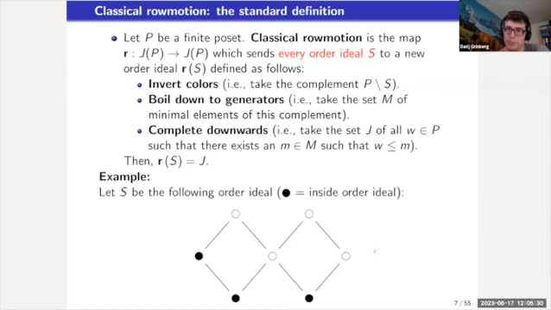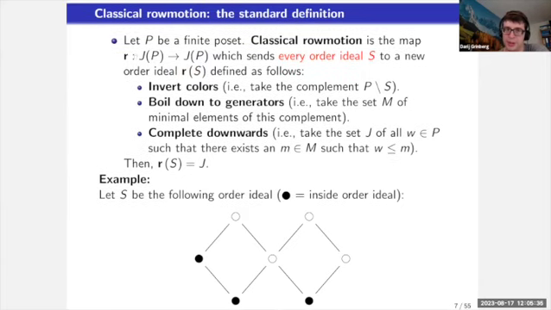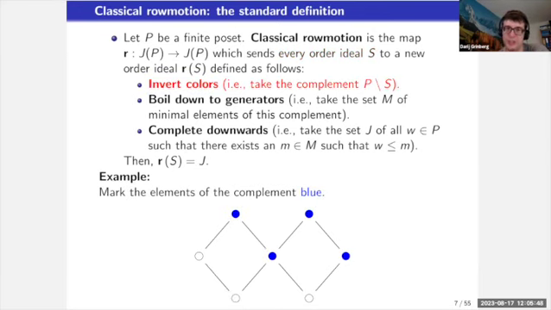So what does that map do? This map takes an order ideal S to a new order ideal, which I call R of S. So I call the map R. First of all, it inverts the colors. So it takes the complement of the order ideal. The original order ideal was black. Now I take the complement, this is blue.